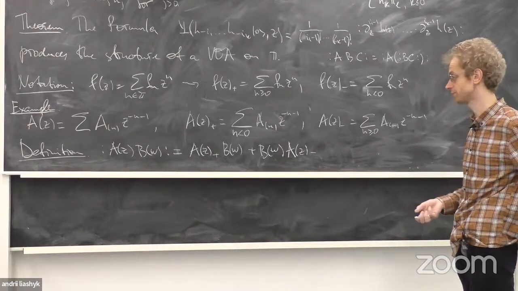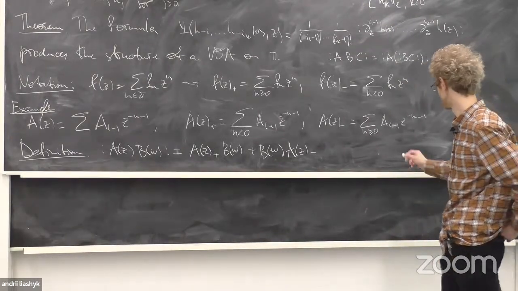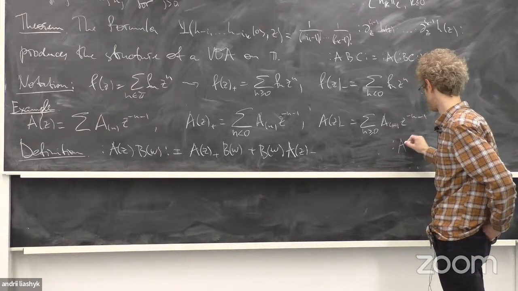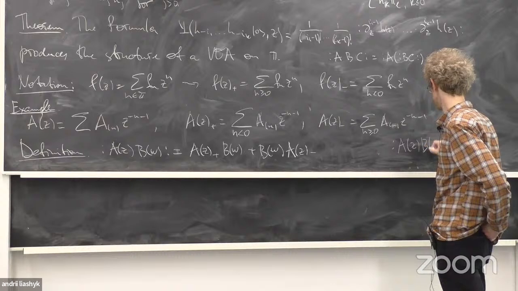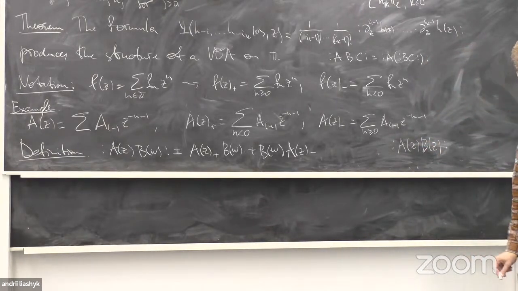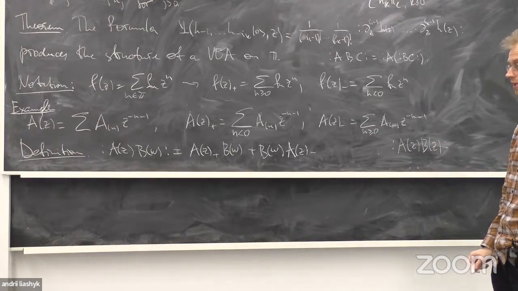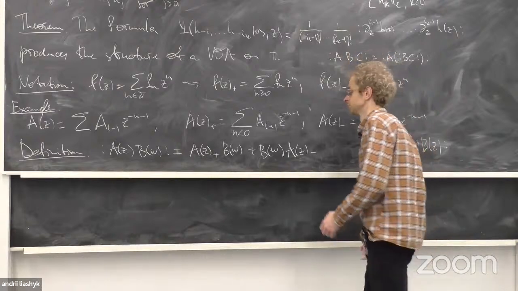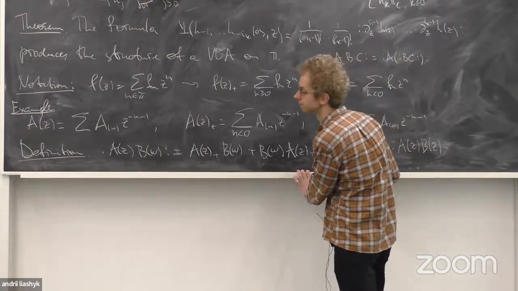The most important property is that we can write A of z, B of z. So this product does make sense. We'll show it in a minute, but this is the most important thing.